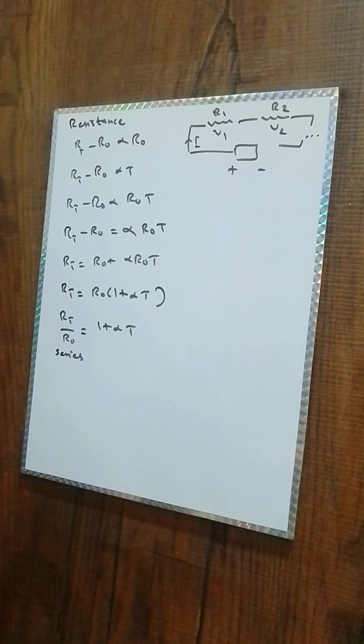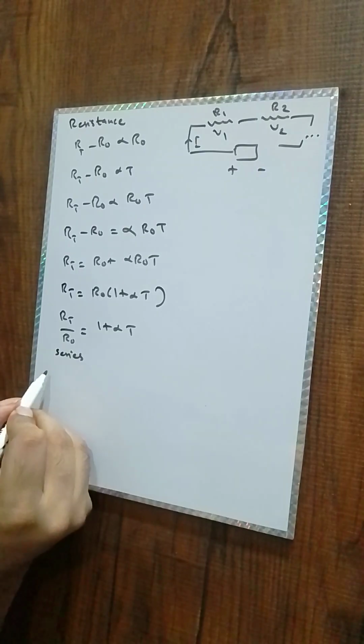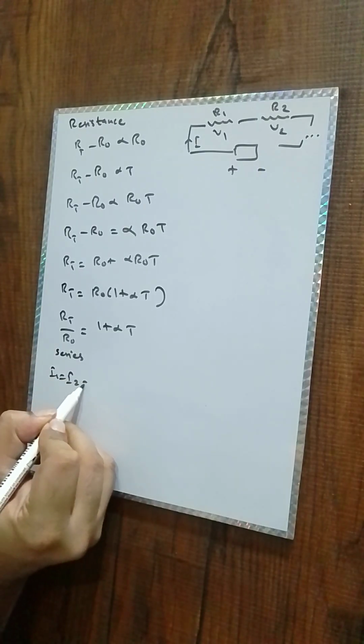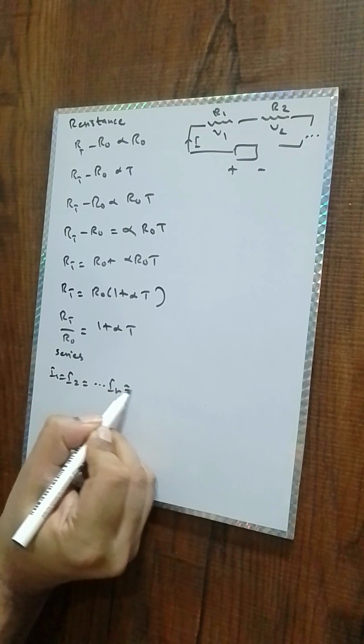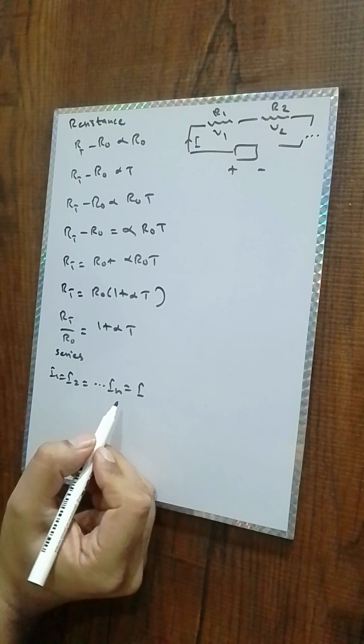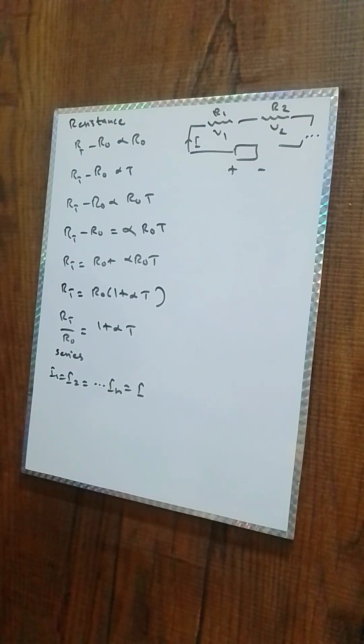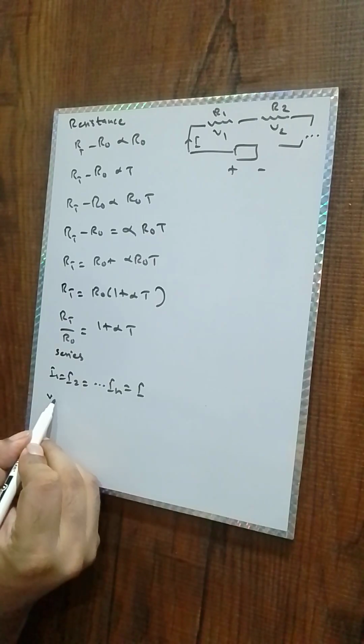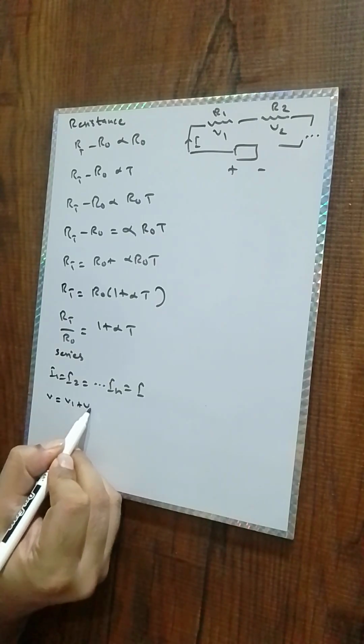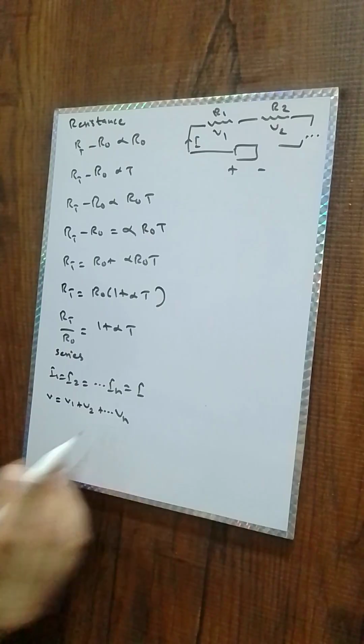So in this case, I1 is equal to I2 is equal to up to IN is equal to I. So there's no splitting of the current, but there's splitting of the voltages. So total voltage is equal to V1 plus V2 up to Vn.